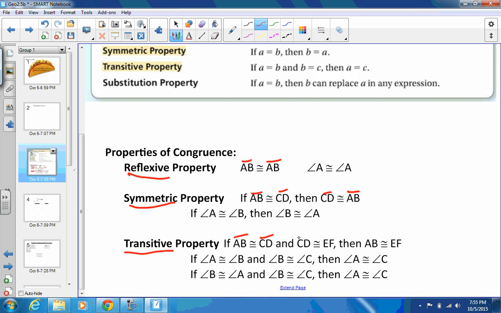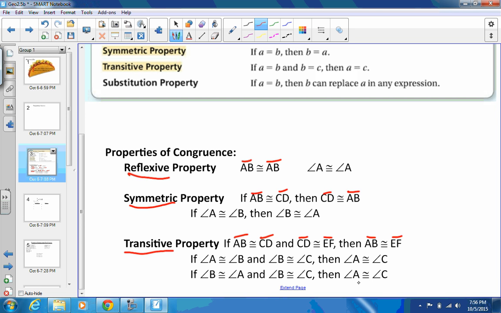And then the transitive property: if segment AB is congruent to segment CD, and segment CD is congruent to segment EF, then segment AB is congruent to segment EF. Same thing works with angles. We're just using A and B, B and C, and then A and C. So if angle B is congruent to angle A, and angle B is congruent to angle C, then angle A is congruent to angle C.